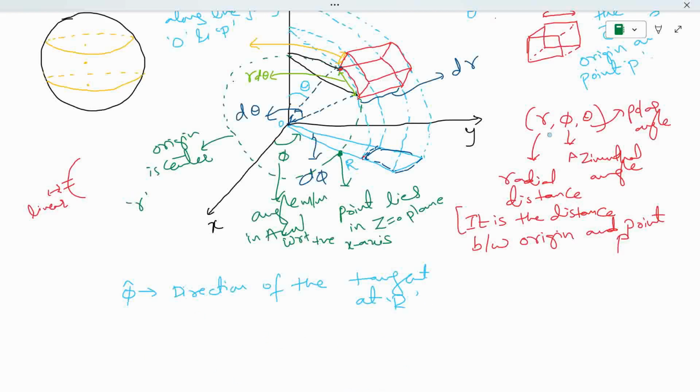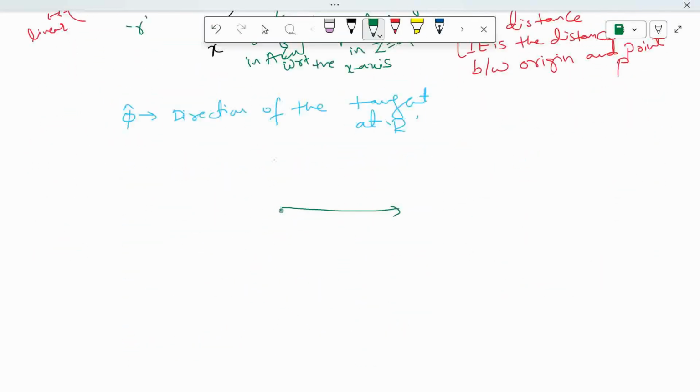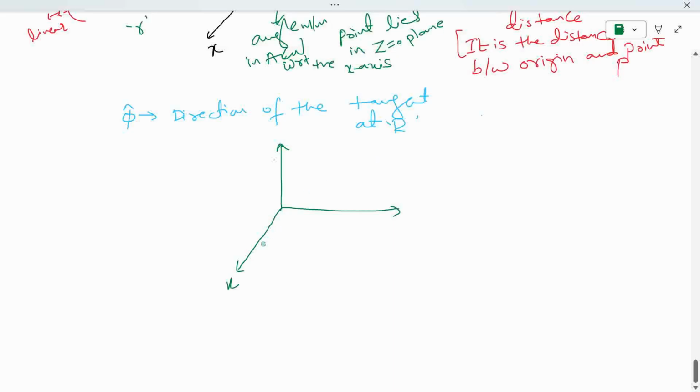Let me draw that. I can also draw the x, y and z axes. That circle I am just plotting here. Now we got that point R here. When we draw like this, we get phi.